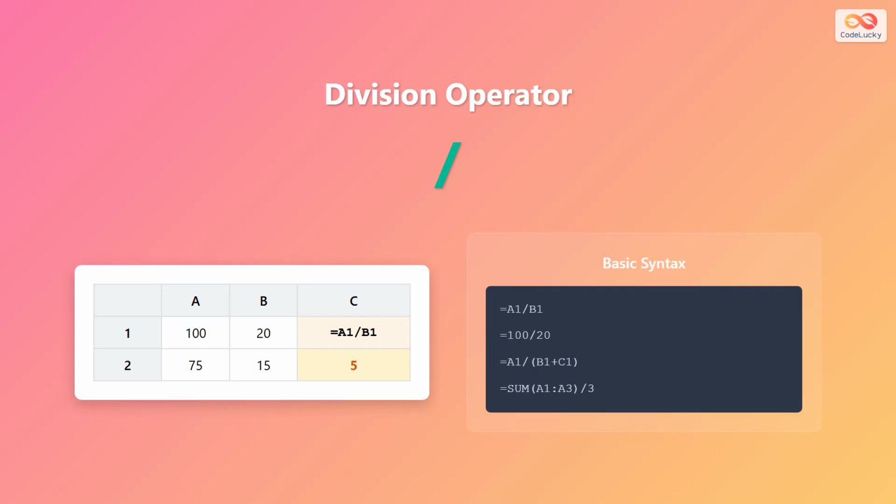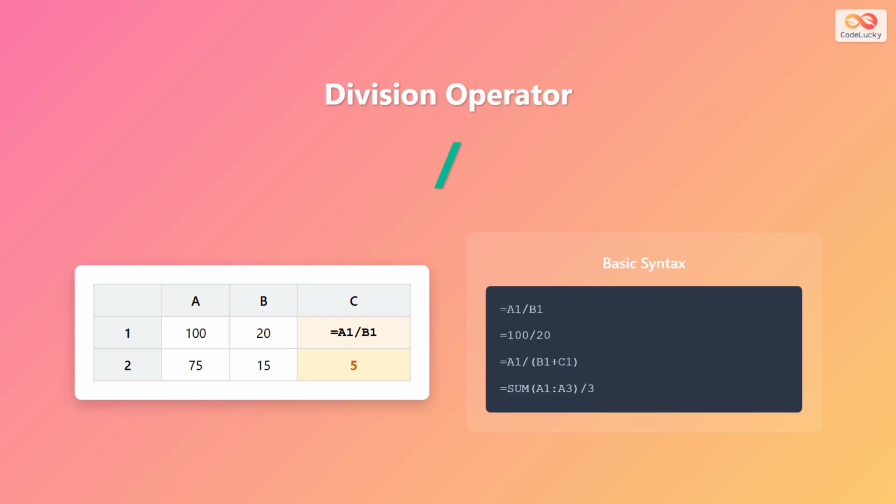Let's move on to the division operator. The division operator in Excel is the / symbol. To divide, start with the equals sign, followed by the value or cell reference you want to divide, then the / and finally the divisor. For example, =A1/B1 divides the value in cell A1 by the value in cell B1.